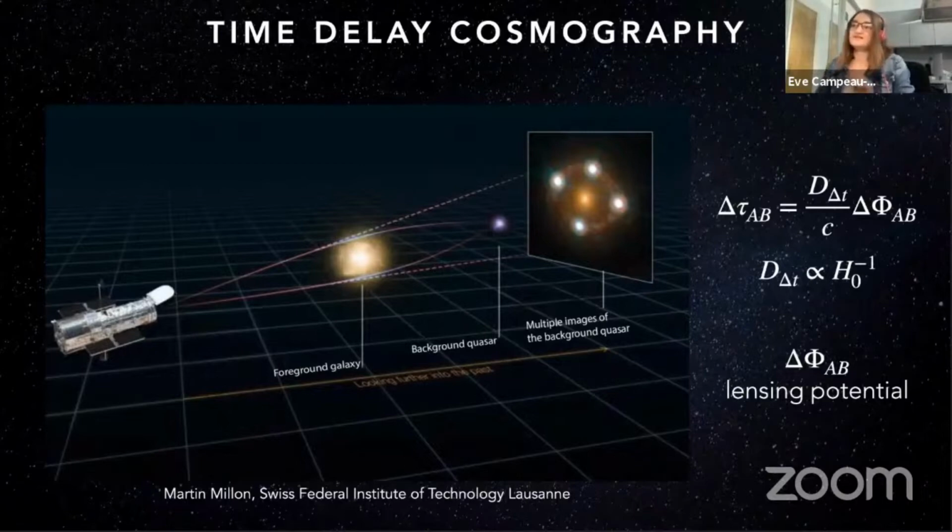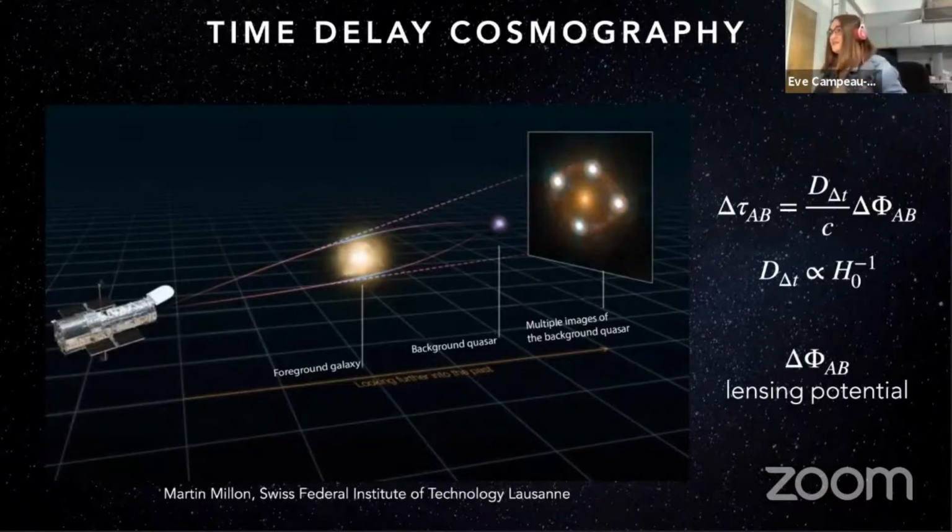Then the mass of the galaxy will distort space-time around it. So one flash of the quasar will be able to take many paths through this distorted space-time. Because of that, our telescope will see the quasar at different positions and at different times.